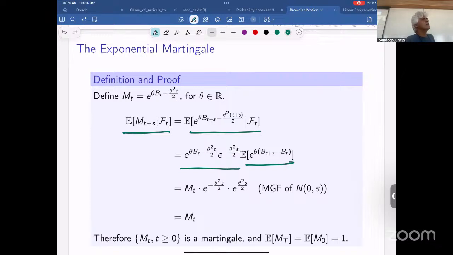The calligraphic F is always the information we have access to. When I write M_t, is M_t a part of it? Right now it should be specified, but all we really need is this.